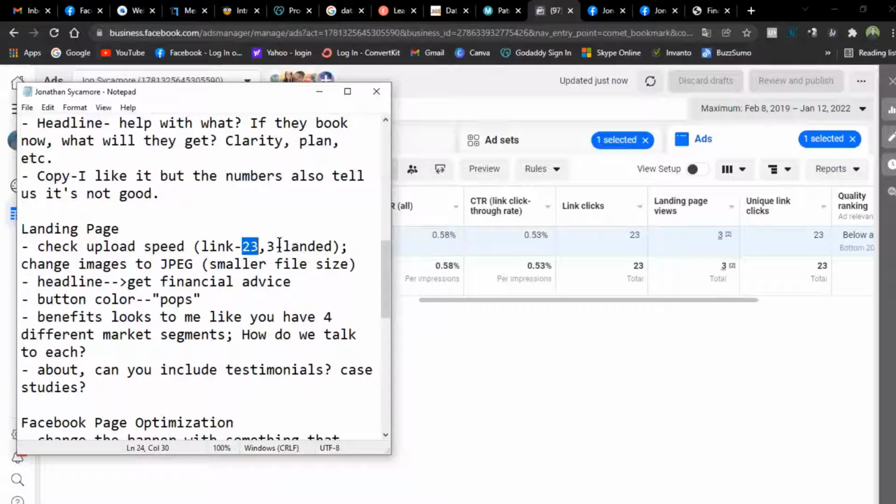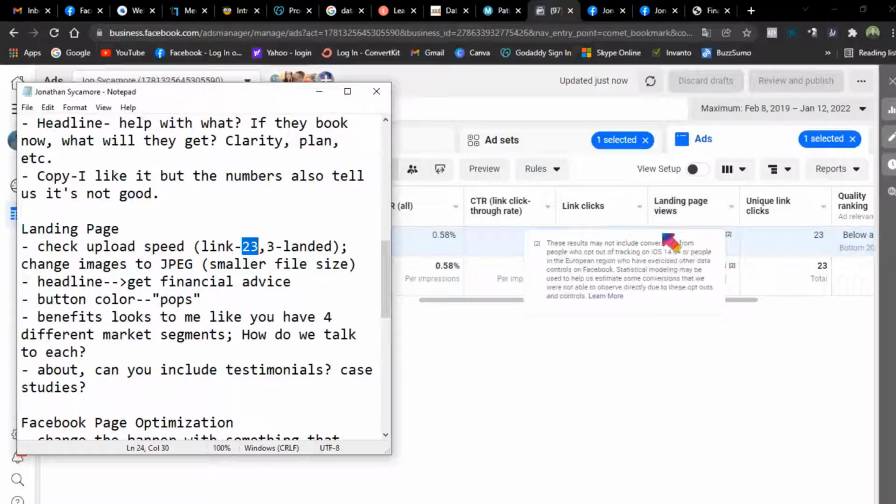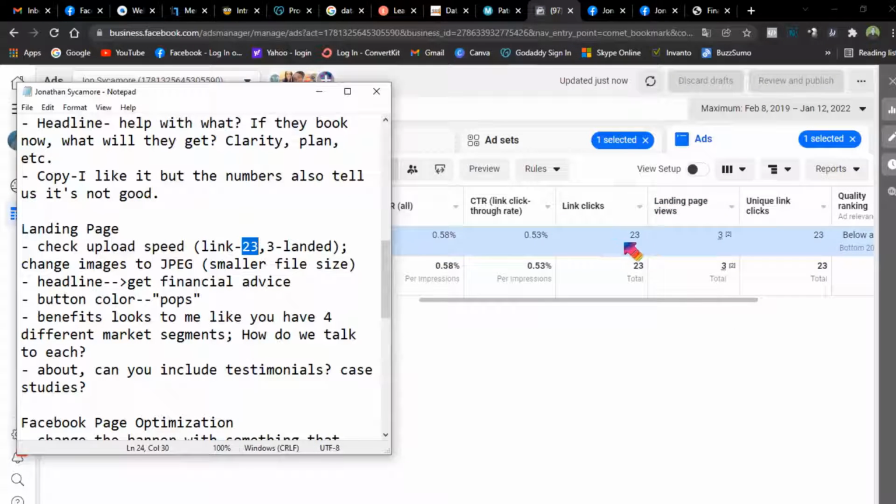So you want the landing page views here to be close enough to the number of link clicks, right? But this one has a very big difference. That means a lot of people are clicking on the link, but they're bouncing off right away before they even land on your page. So that tells me you can check, maybe your upload speed is slow.